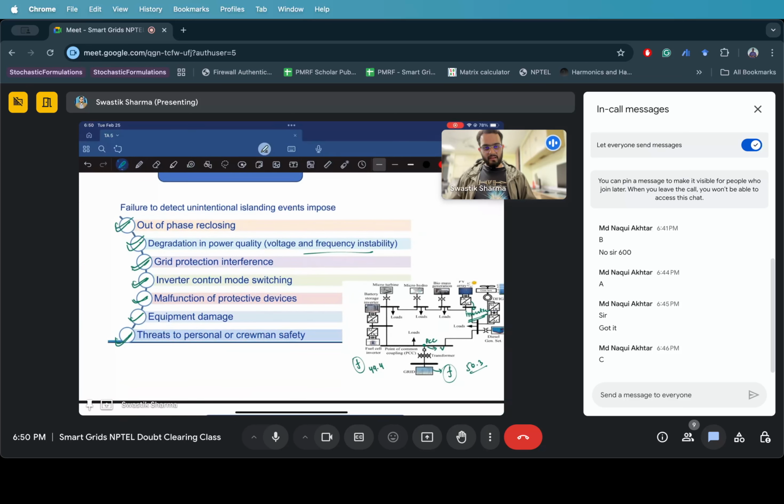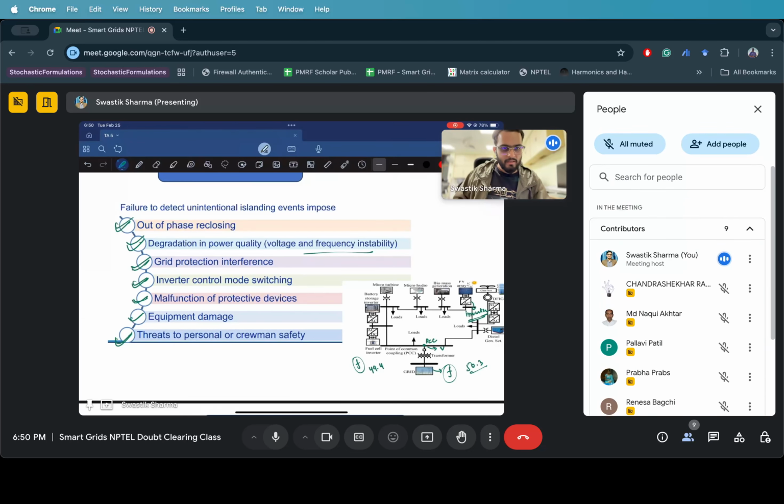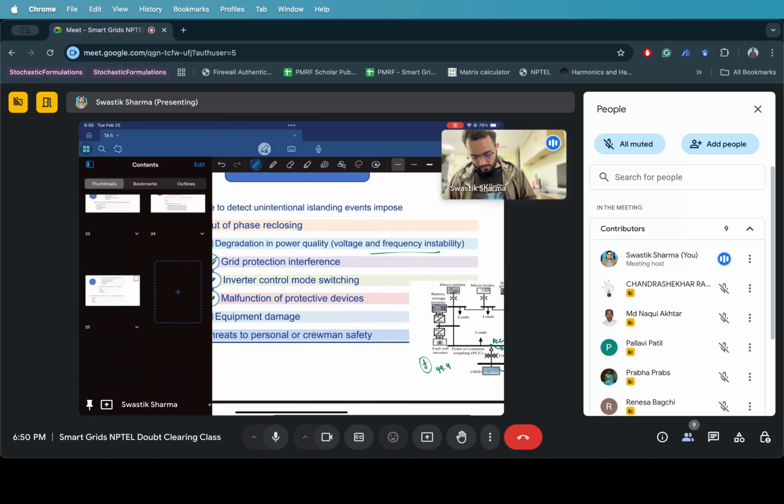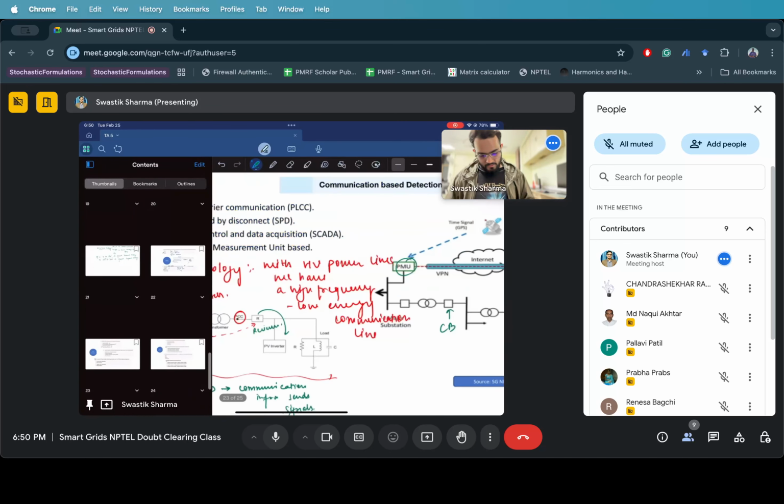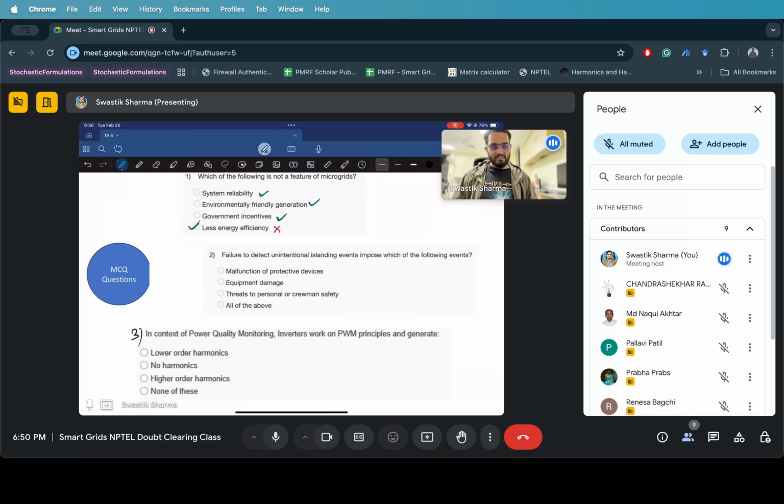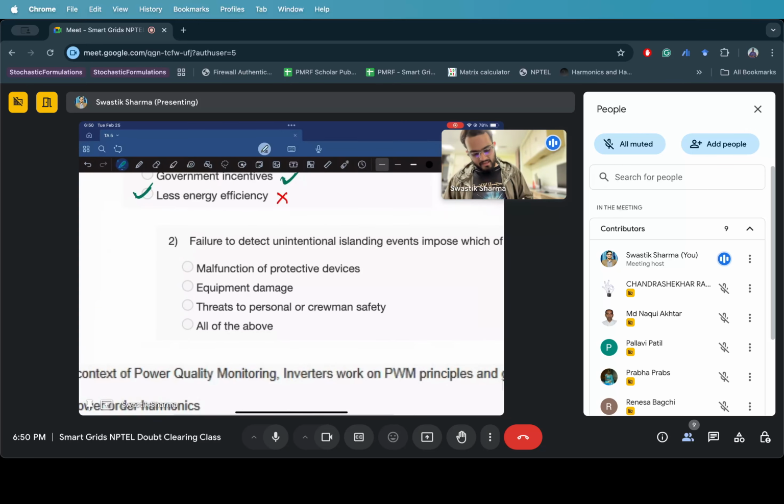If we have a failure in detecting the unintentional islanding, so I'm online, right? Nobody is responding, so I guess I'll continue. So failure to detect unintentional islanding events can lead to malfunction of protective devices. We already know how it happens. I've covered it in depth. Next, it can lead to equipment damage.